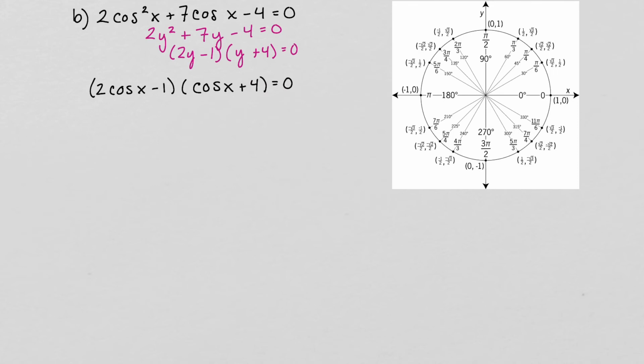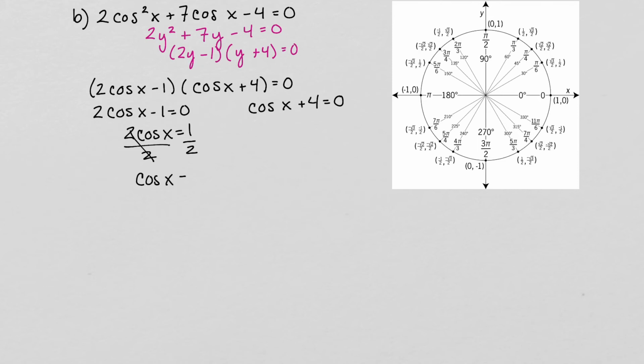And then if I solve each side, I get 2 cosine x minus 1 equals 0, and set the other part, cosine x plus 4 equals 0. Add 1, so 2 cosine x equals 1. Divide both sides by 2. Cosine x equals 1/2. Here subtract 4, so we have cosine x equals minus 4.